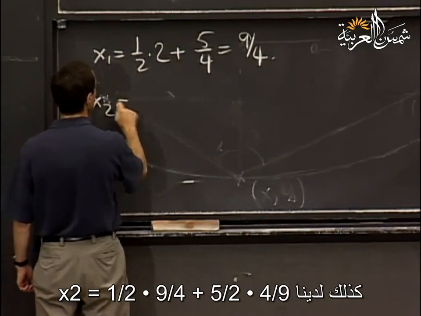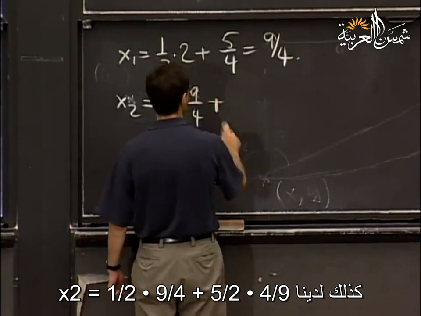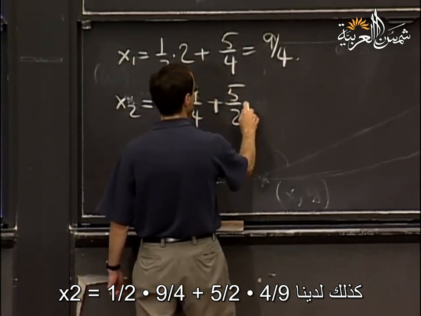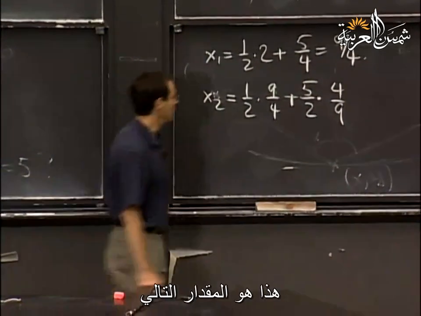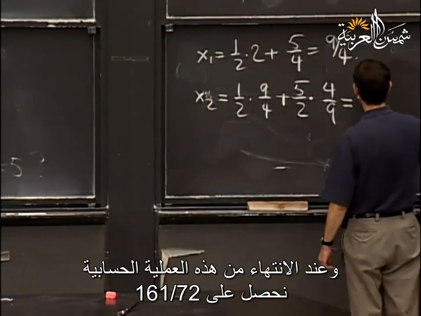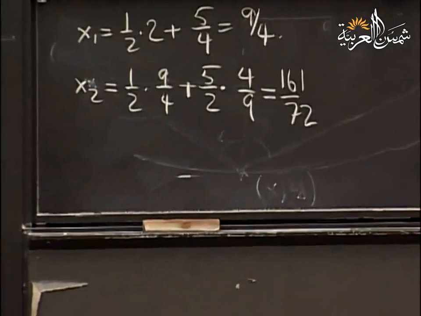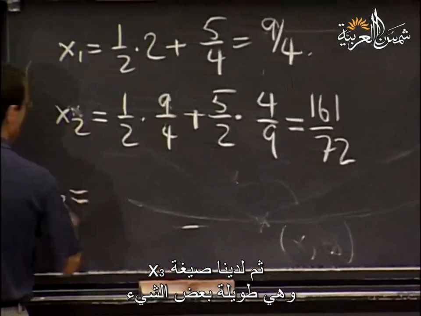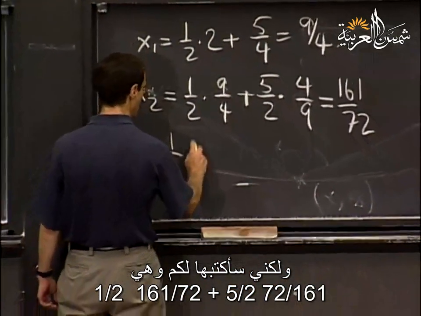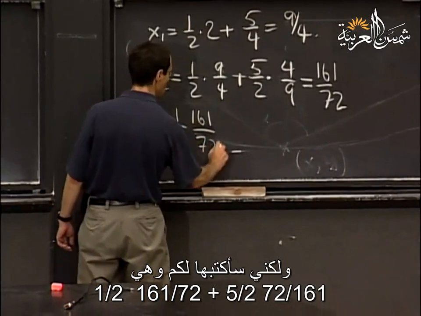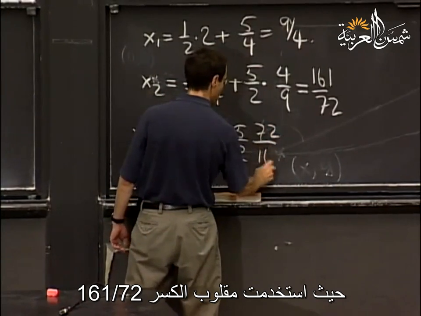And x2, I have a half times 9 fourths plus 5 halves times 4 ninths. That's the next one. And if you work this out, it's 161 over 72. And then x3 is kind of long, but I will just write down what it is so that you can see: it's a half of 161 over 72 plus 5 halves, times the reciprocal of that, 72 over 161.